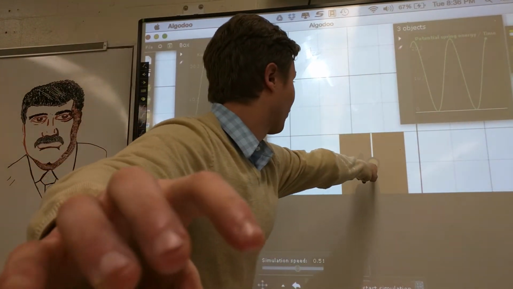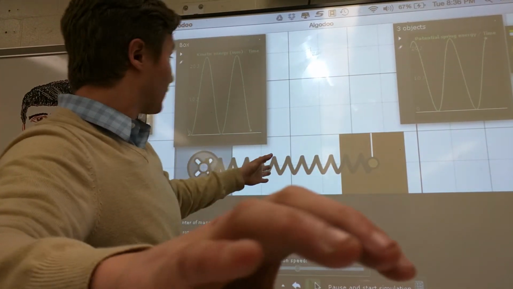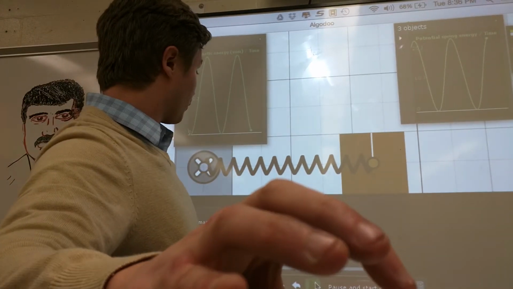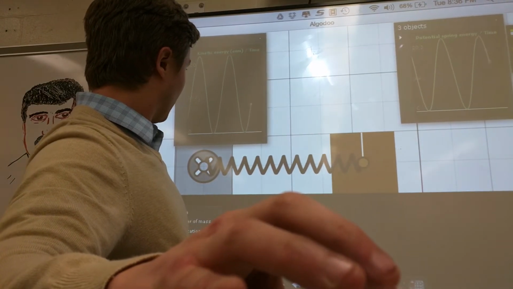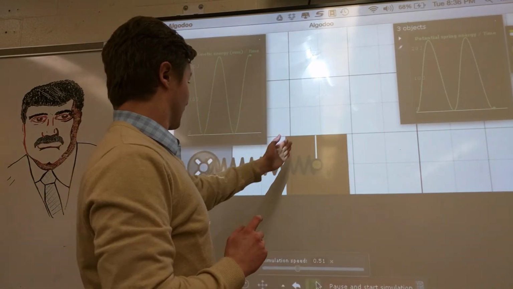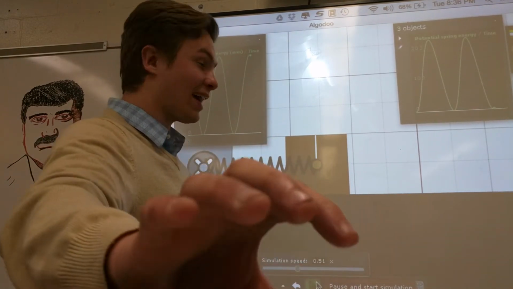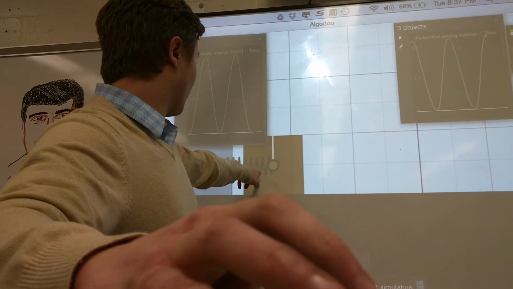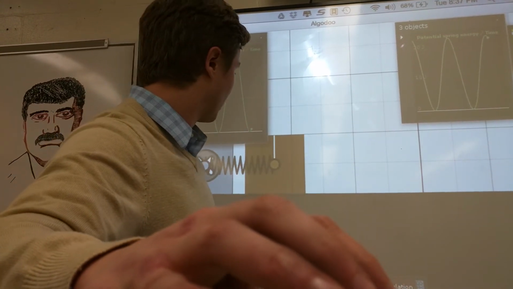But here when it's far stretched out, we know its velocity is 0, so we would expect to see 0 joules of energy. And then it hits its equilibrium point, and that's where the kinetic energy is maximum. It's moving fastest, and then it gets compressed, and we have 0 kinetic energy.